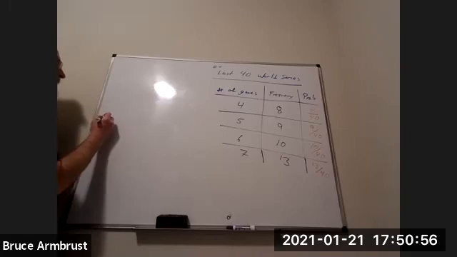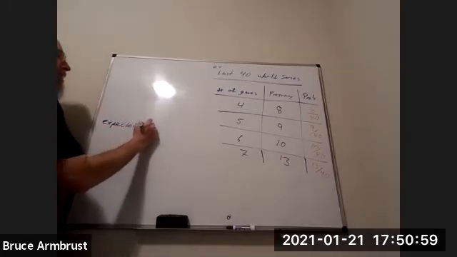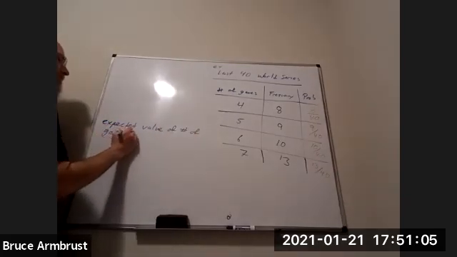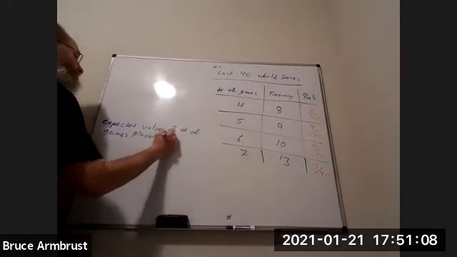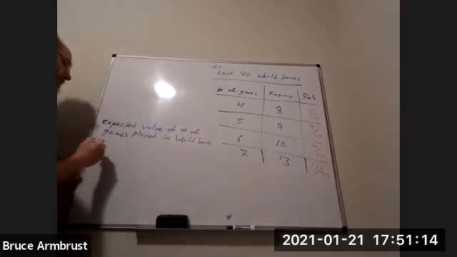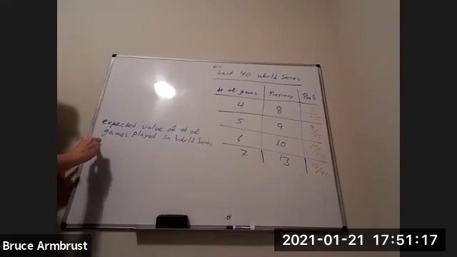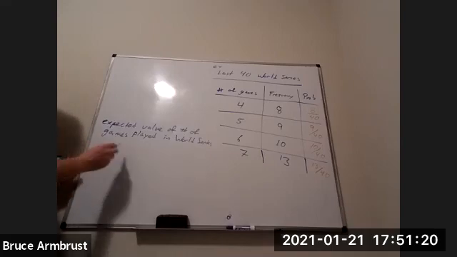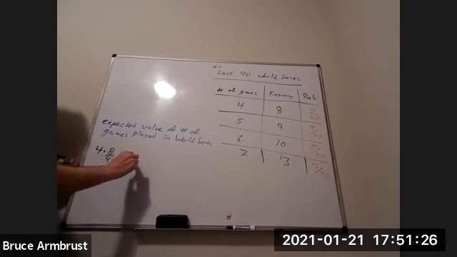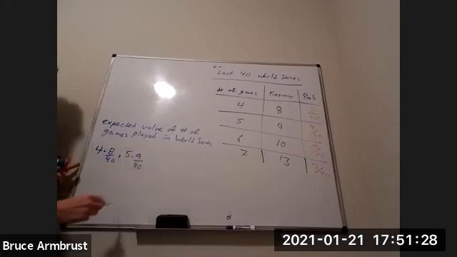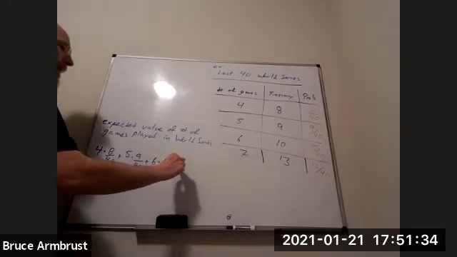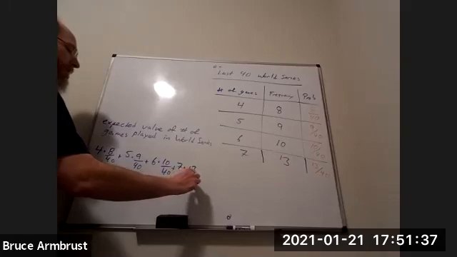So here's the expected value of the number of games played in the World Series. 4 games has a probability of 8/40. 5 games has a probability of 9/40. 6 games had a probability of 10/40. And 7 games had a probability of 13/40.